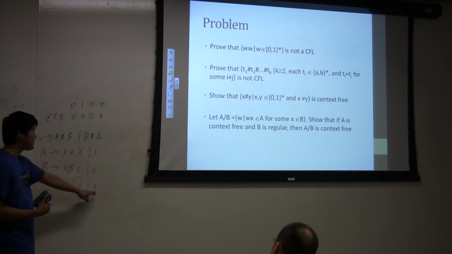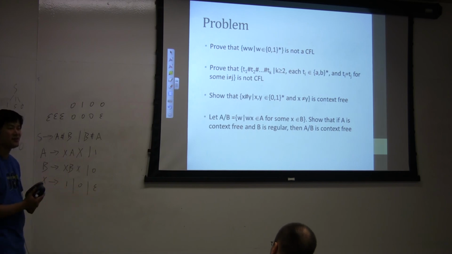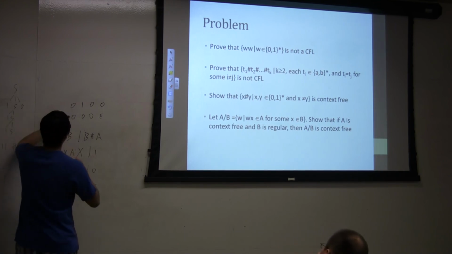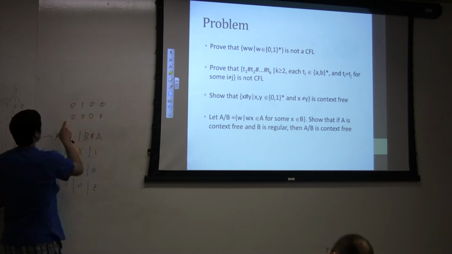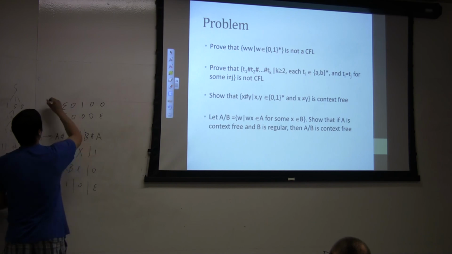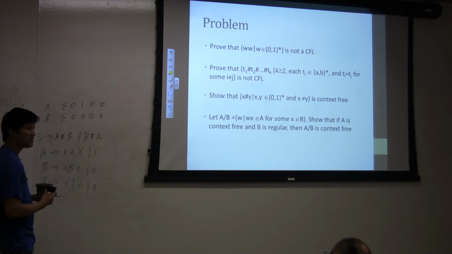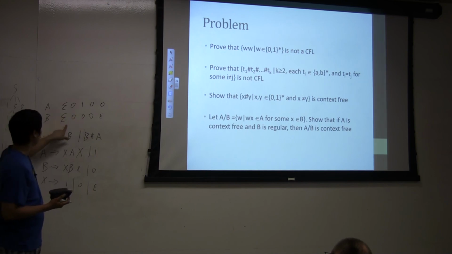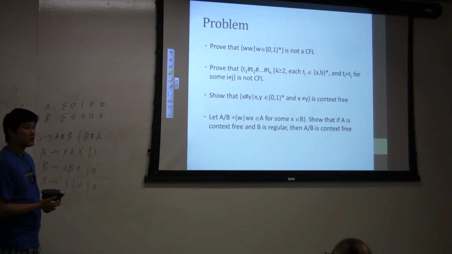And for the rest of the symbols, we don't care. For example, this two strings, I'll consider this is A, this is B, and in the middle they are different, and for the rest we don't care, they can be anything.